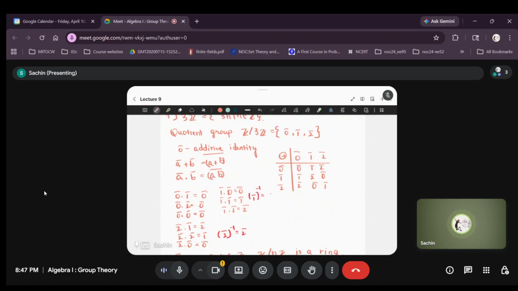I'll write to the power minus 1 when it is the multiplicative inverse. I'll write minus like this when it's the additive inverse. So here, other than the zero element, 1 bar and 2 bar have a multiplicative inverse, right? So other than the zero element, all the elements have a multiplicative inverse. So this is a field, Z mod 3Z.